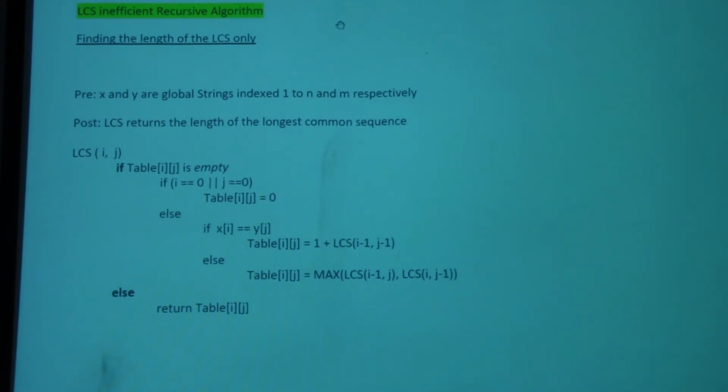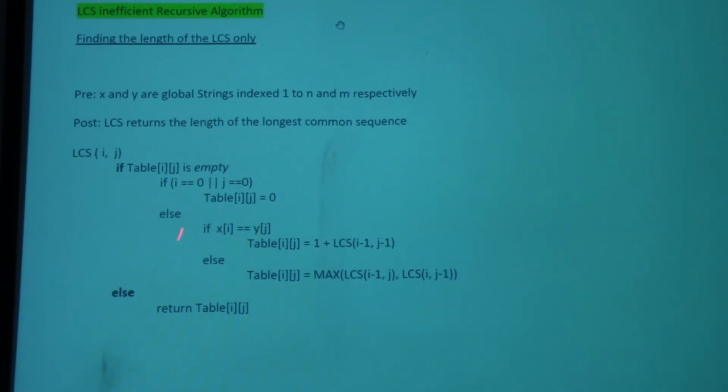Look at the logic we have here. Table ij will be the value of the ith character of the first string against the jth character of the second string. So when i is equal to 1 and j is equal to 1, we're comparing the first characters of both strings.